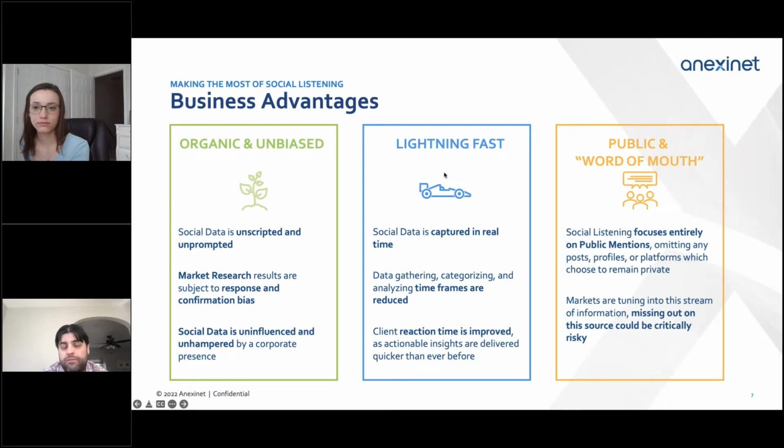Additionally, another advantage is that the collection of data and the ability to analyze the data is lightning fast. It's captured in real time. It can be gathered, categorized, and analyzed very quickly.